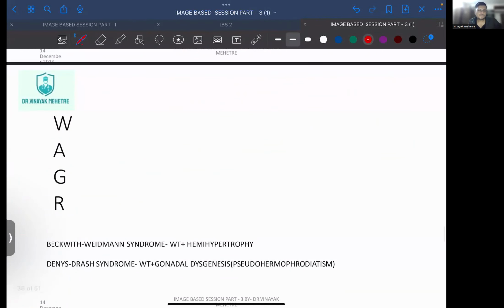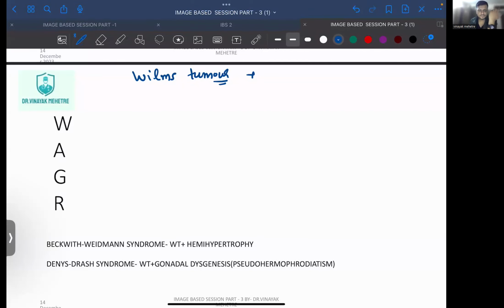Then we come to Wilms tumor. What about Wilms tumor? Gene number? Anyone? Chromosome or gene number? Chromosome number? No one.